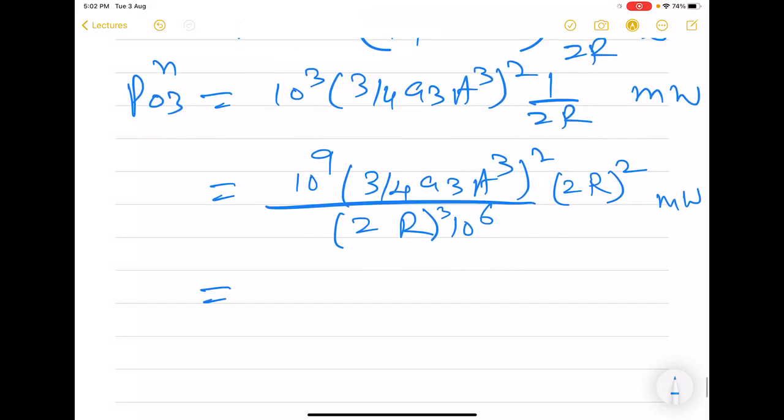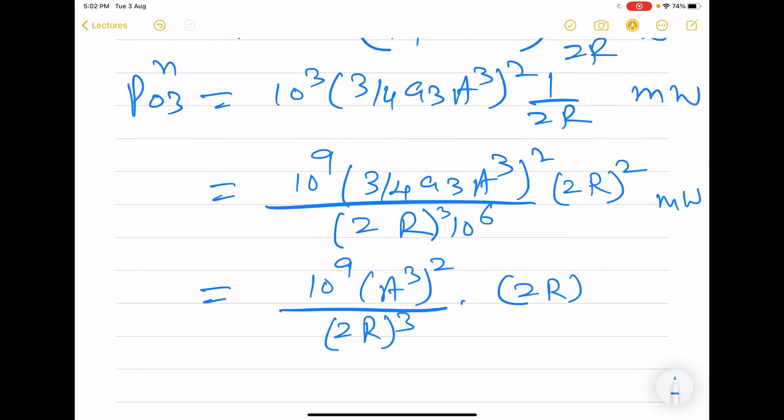And here we have to write in terms of input power. So we then separate out capital A terms. So this is still in milliwatt.